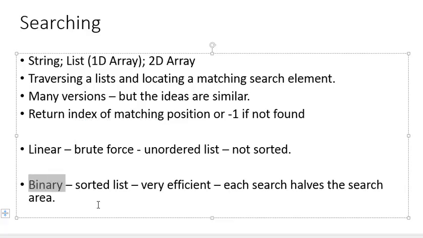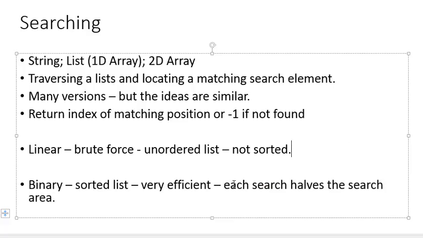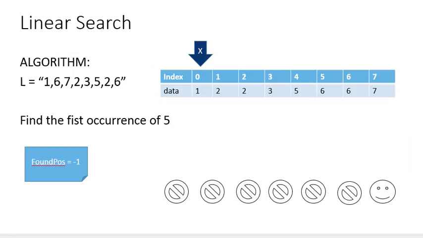The binary search, on the other hand, is far more efficient. The only problem with the binary search is that we assume we already have a sorted list. It's very efficient in that it cuts down every search, throwing away half of the list that you would otherwise still need to search. So very efficient indeed. Without further ado, let's look at how a linear search would actually work.